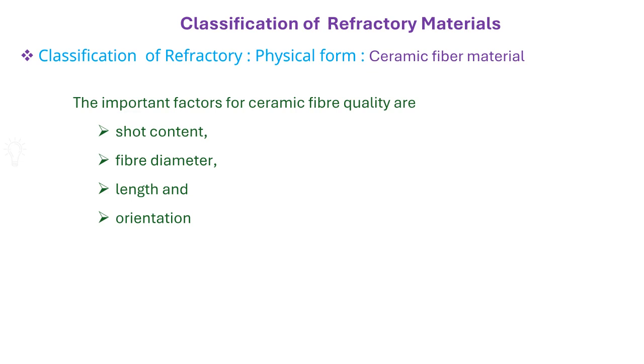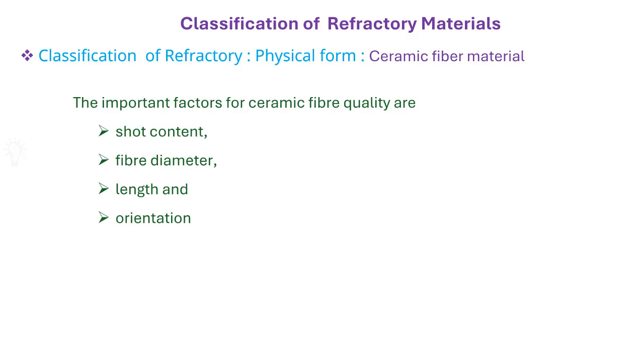Second, fiber diameter. The thickness of each fiber affects both thermal conductivity and strength. Finer fibers usually provide better insulation. Third, fiber length. Longer fibers improve mechanical strength and packing density. The right balance of length ensures durability without compromising performance. Fourth, fiber orientation.